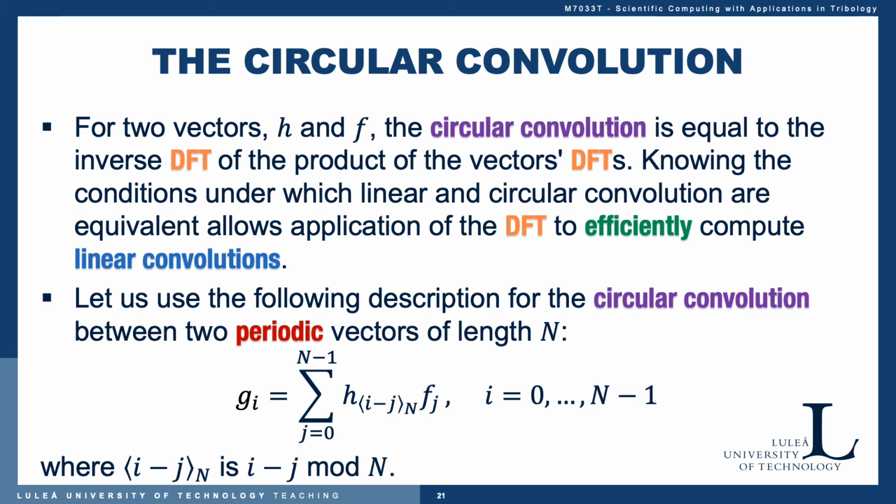The good thing with the circular convolution is that for two vectors h and f, the inverse DFT of the product of the vectors' DFTs, as we have seen many times now, renders exactly the same result. So we can actually accelerate the computation of a circular convolution by means of FFT.